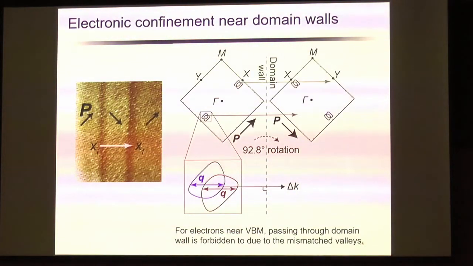So now we understand very well. Because of these head-to-tail domain structures, there are 90-degree domain rotations. If in one domain you have some band along the gamma-X direction, in another domain it's rotated. So there's an absence of states. That's why you have very high confinement here.